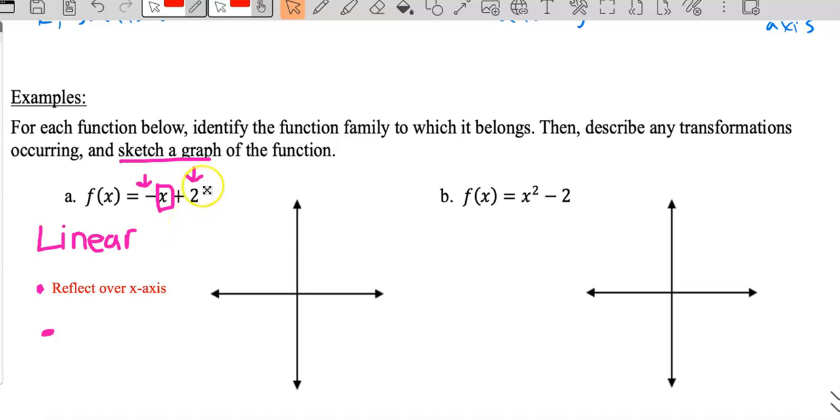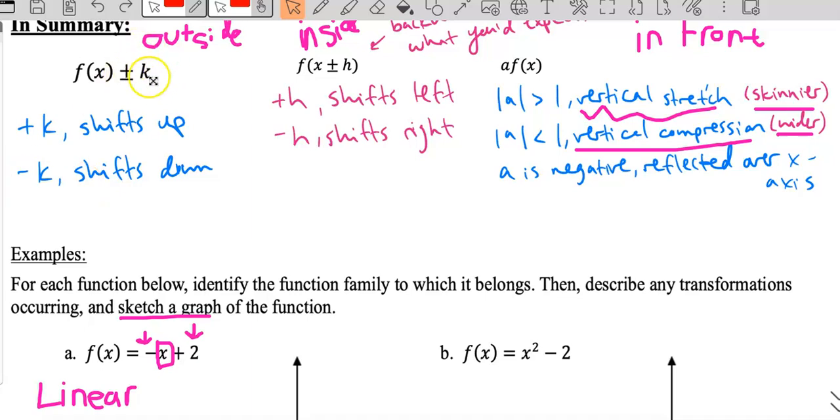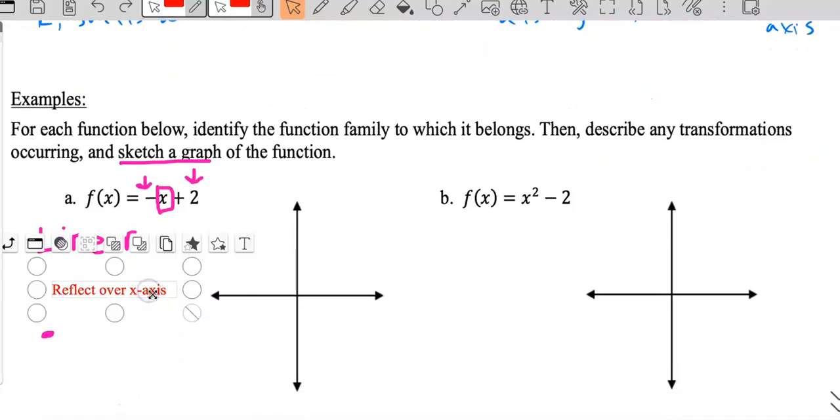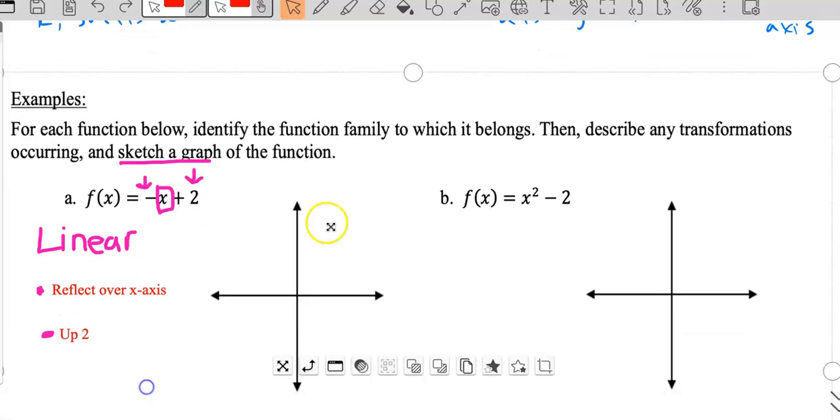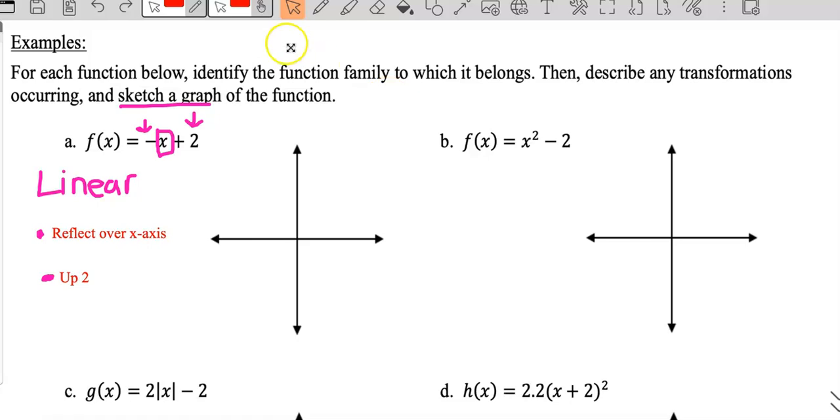The next thing is this 2 is behind the function, so therefore it is outside the function, and it is positive, so I know it's going to shift up. So then I would say it's going to go up, and then it went up by 2. Okay, so that's kind of what we did last class.